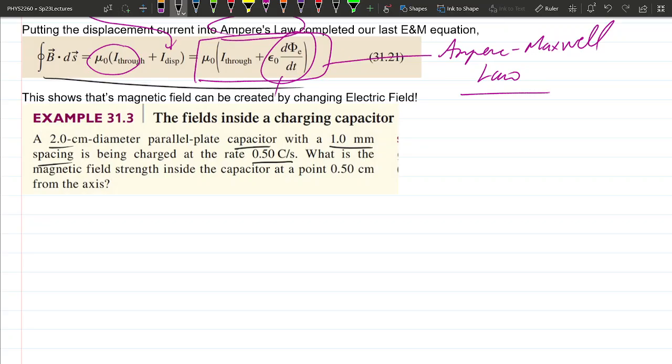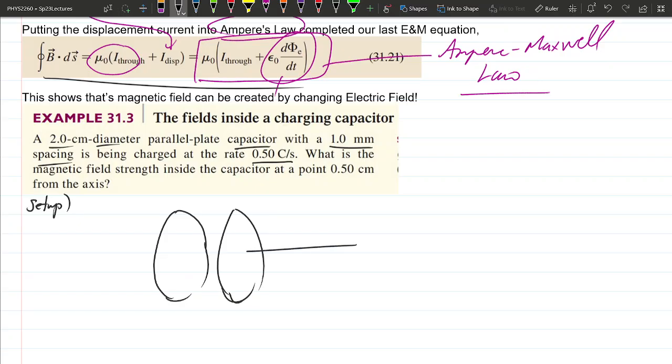Okay, so to set up the problem, we want to make a little drawing as usual. We have some parallel plates. Since we were given a diameter, we assume that these are circular shaped. I'm trying to draw these two plates. This is the positive side, this is the negative side.